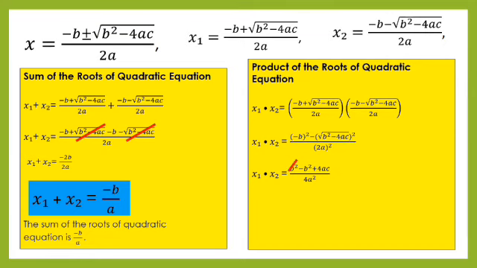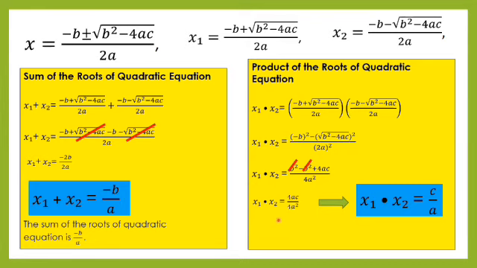B squared minus b squared will be cancelled out, and it will give us 4ac over 4a squared. Simplifying this, we will get the product of the roots of quadratic equation. 4 over 4 is 1.